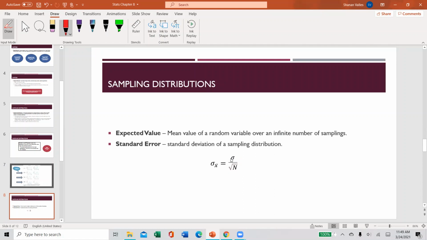You just take the standard deviation and then you divide it by the square root of n. Okay, so this is a really simple little, I kind of call it a conversion. So once we've calculated the standard deviation, or when the standard deviation is given to us, we just do this little conversion and we put it into standard error, okay?